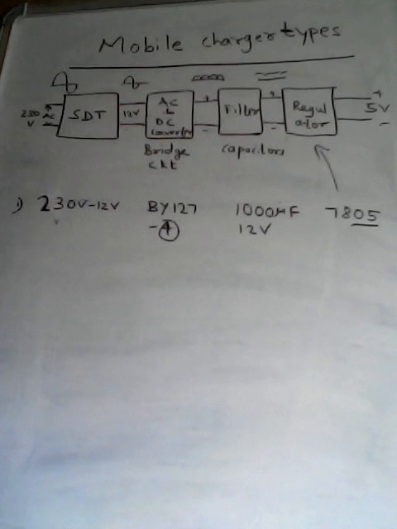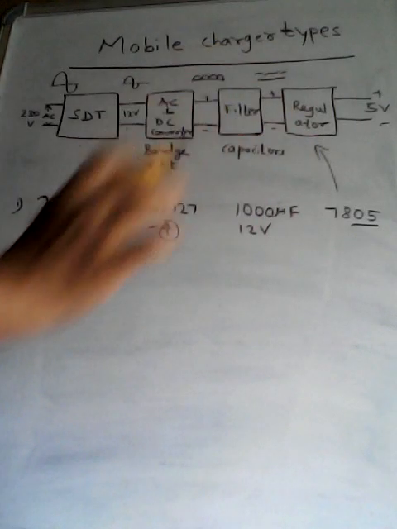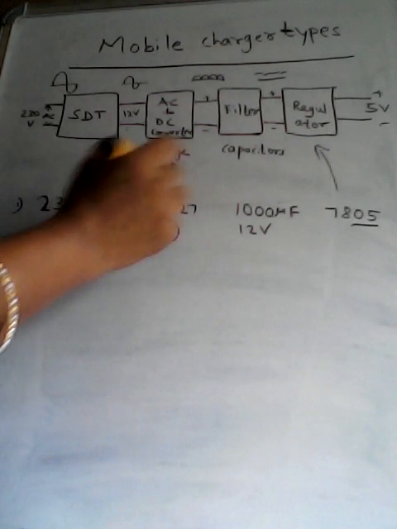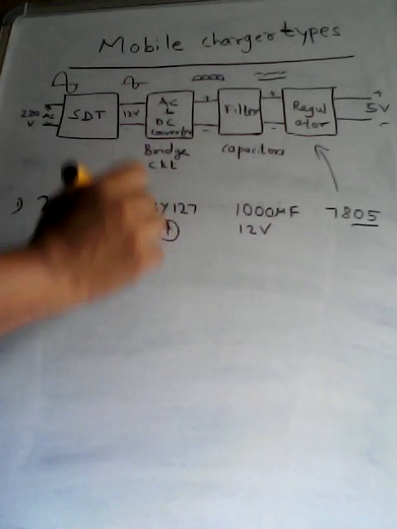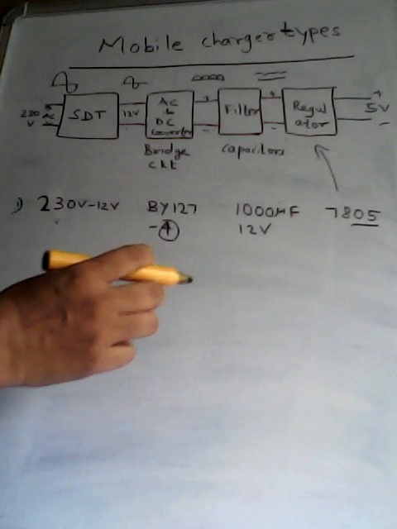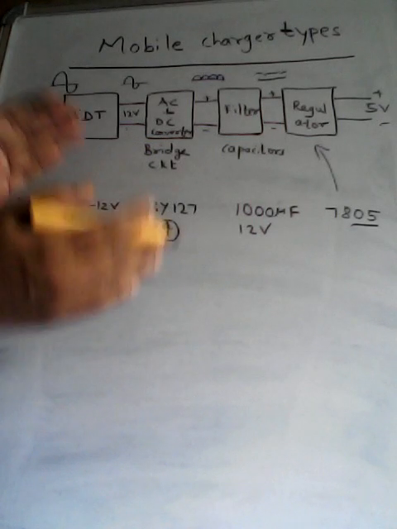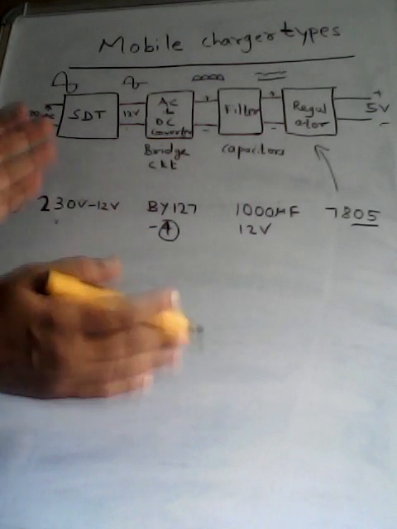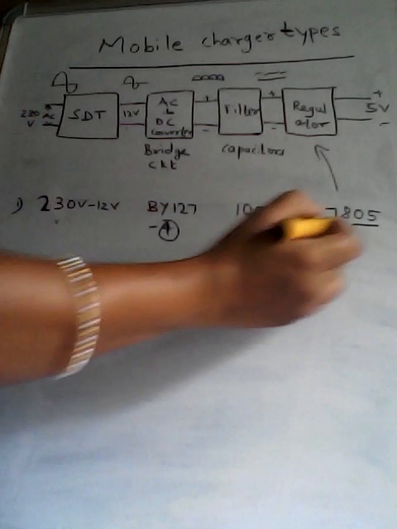But the problem is, if we construct a circuit in this fashion, the physical appearance of these diodes is very large, and the size of the charger will increase if we consider this and this.